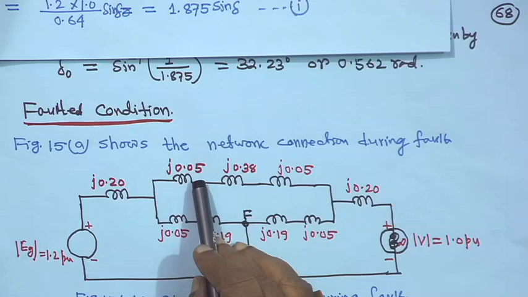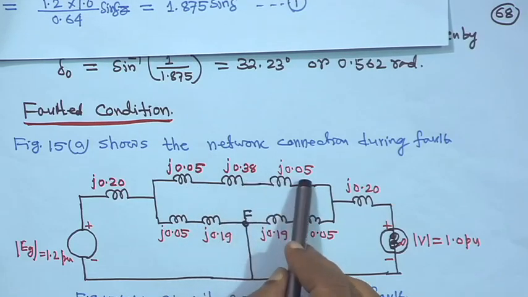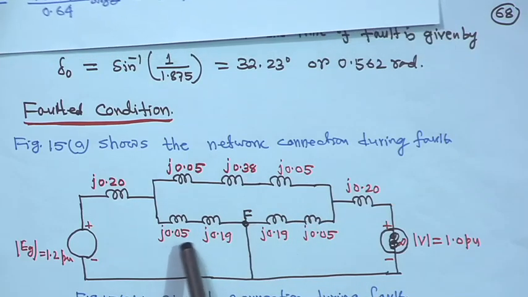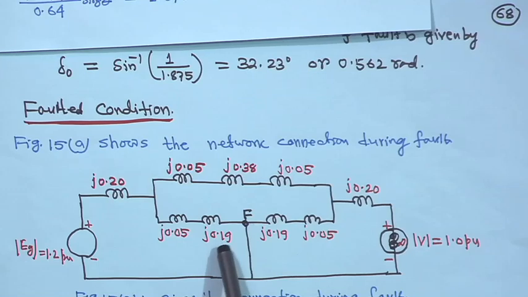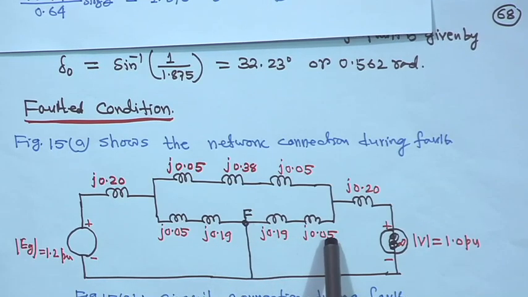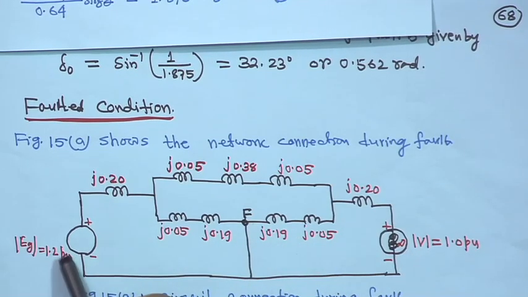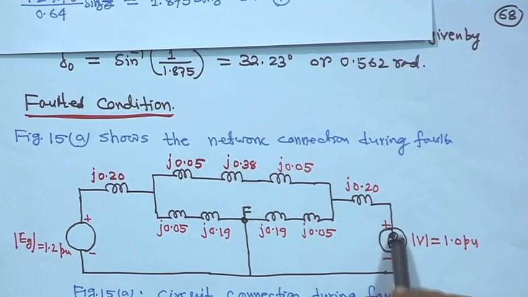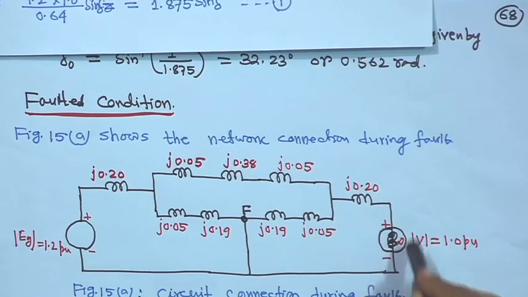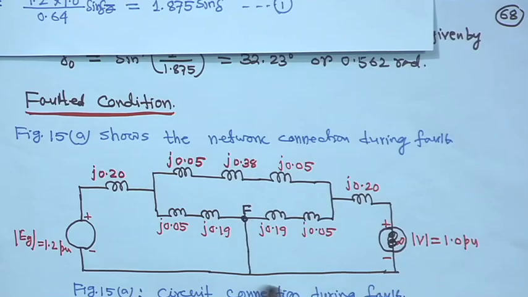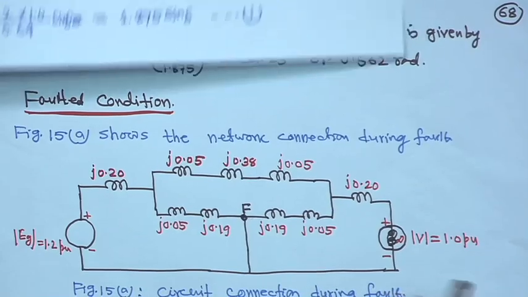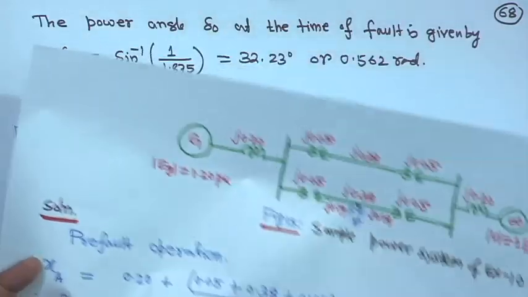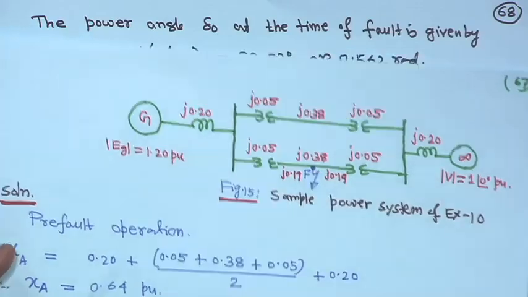So, j 0.05, j 0.38, j 0.05, but this will be half, j 0.19, j 0.19, then 0.05, and this is 0.2. This is the generator side and this is the infinite bus side. This is your circuit connection during fault, because the fault has occurred at the middle of the line.